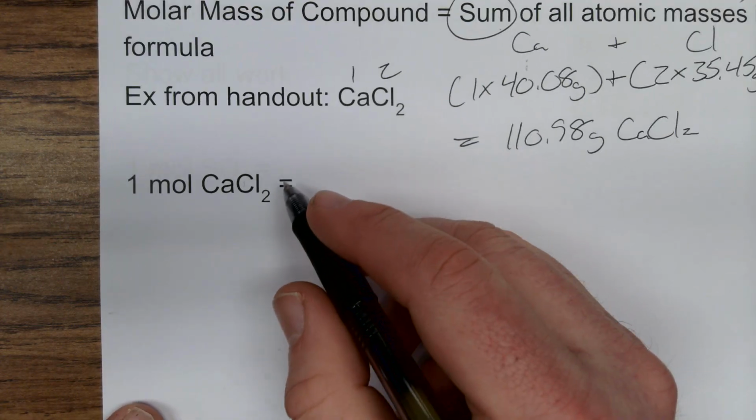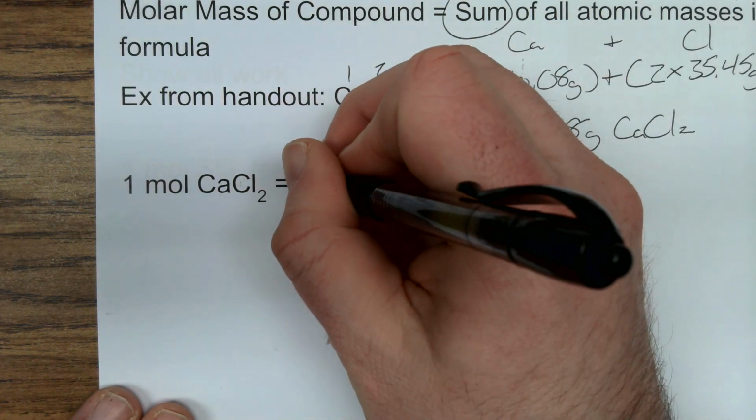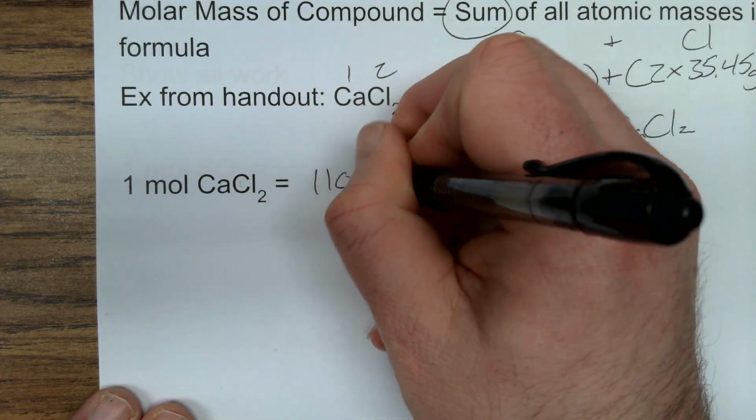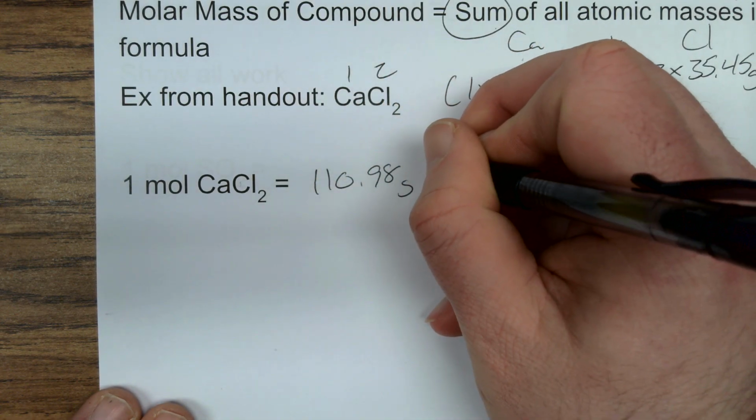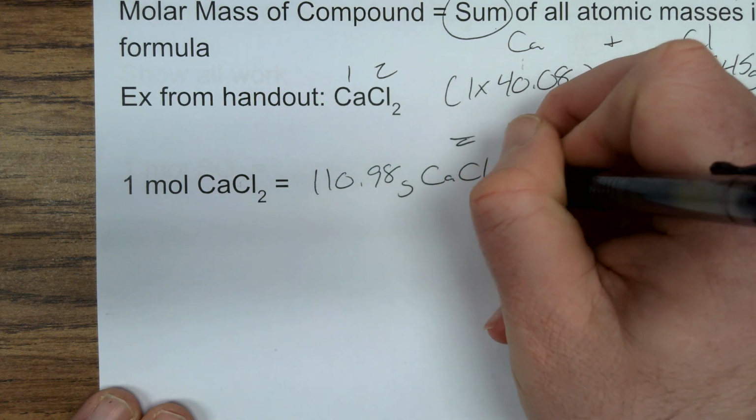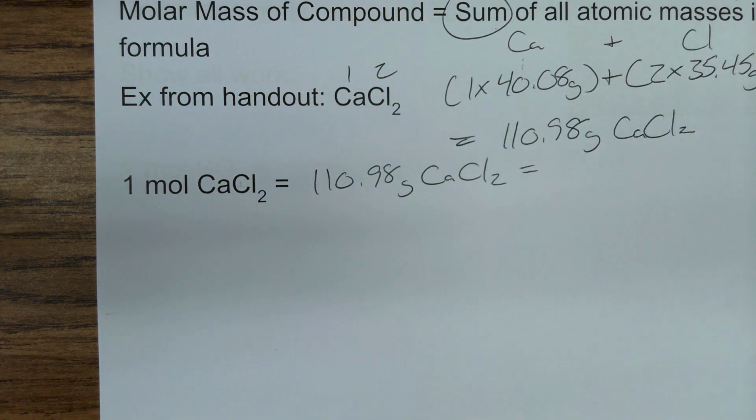Meaning 1 mole of calcium chloride is equal to 110.98 grams calcium chloride. How many atoms will I find in 110.98 grams of calcium chloride?